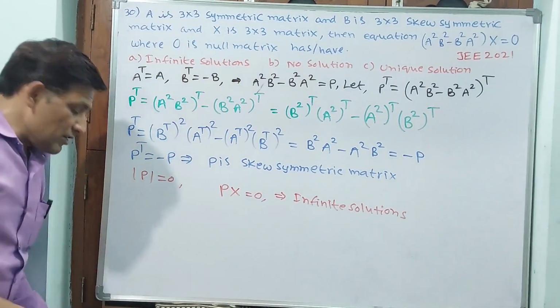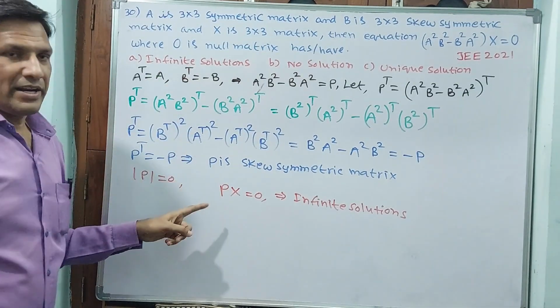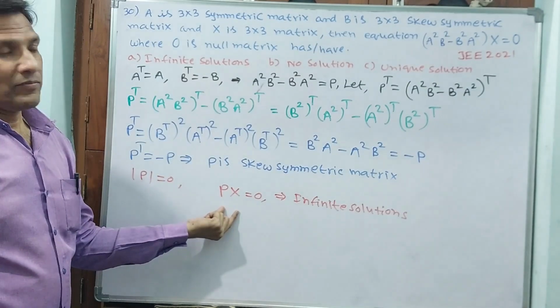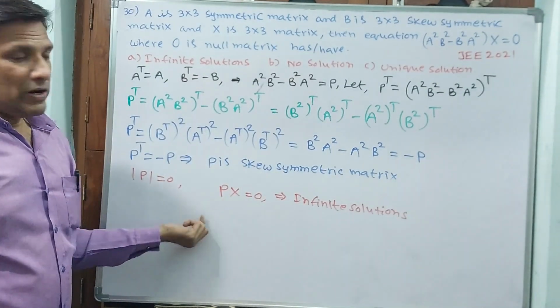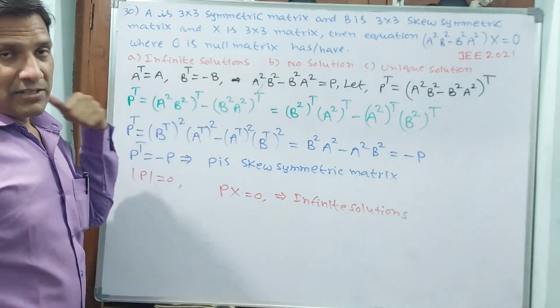Understand? Why infinite solutions? Because P is a skew symmetric matrix. Skew symmetric matrix multiplication with an ordinary matrix equated to 0 will give infinite solutions. Okay? Answer is A. Let us go for the next question.